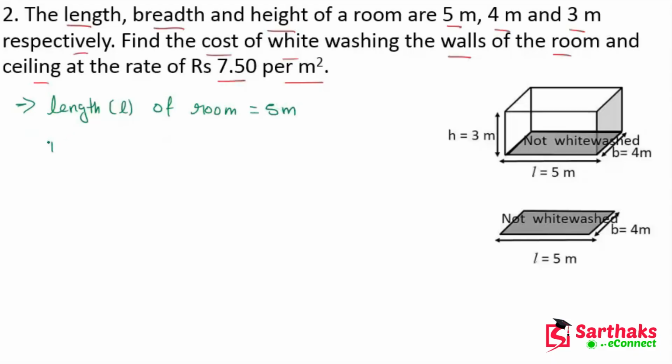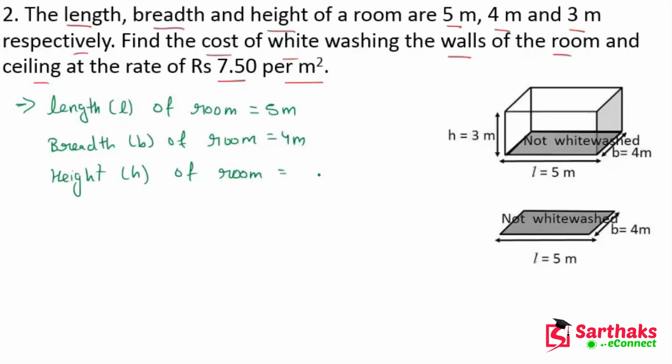Breadth, B of room, is 4 meter, and height, H of room, is 3 meter.